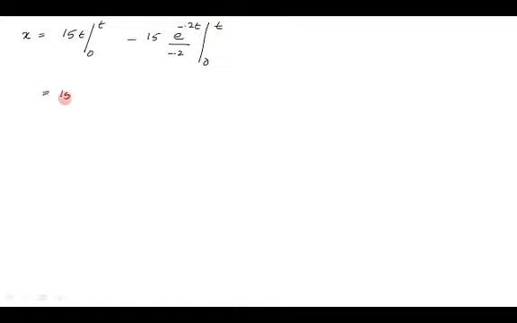So this becomes 15t minus 15 into (this value here is minus 5) e raised to minus 0.2t minus of minus 5 again.